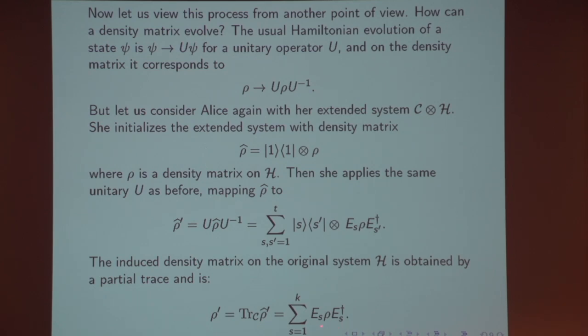So if there had only been one E sub S, that would reduce to the formula that's most often seen in textbooks, because if there's only one ES, it would have to be unitary, and this would reduce to this. But this is a more general formula by which a density matrix can evolve.